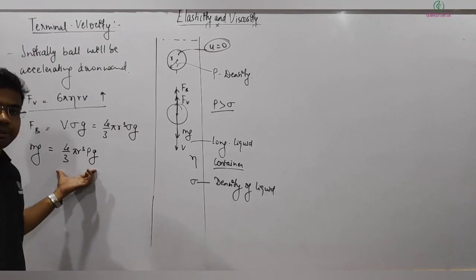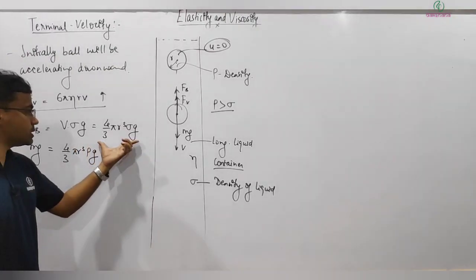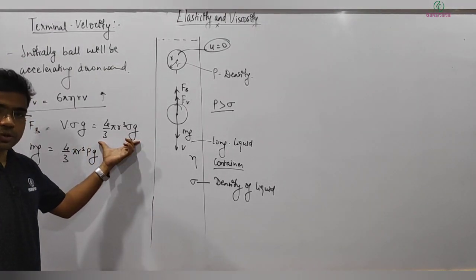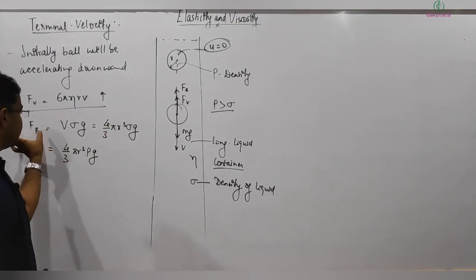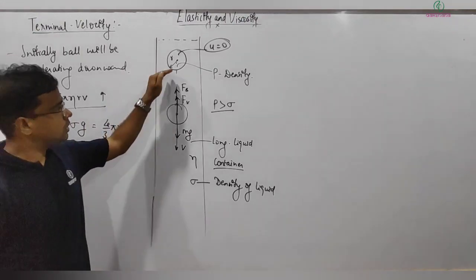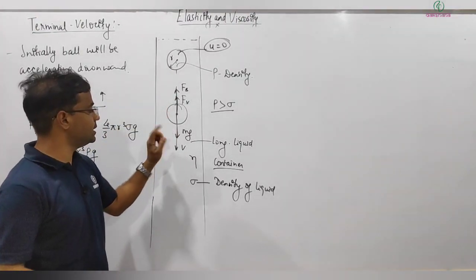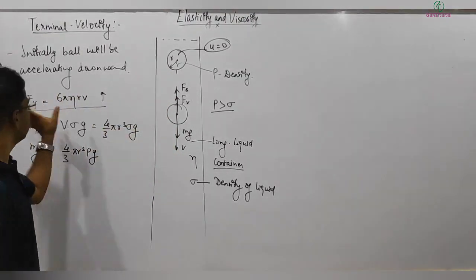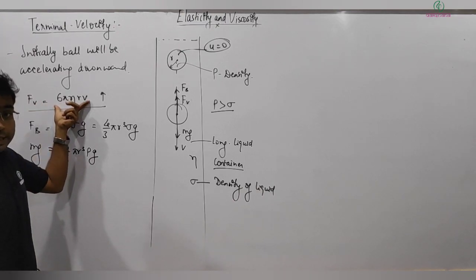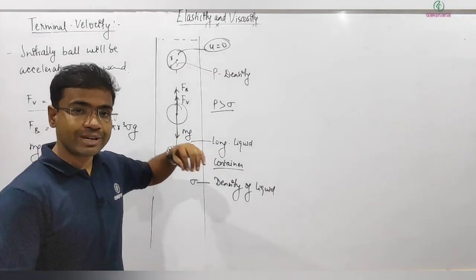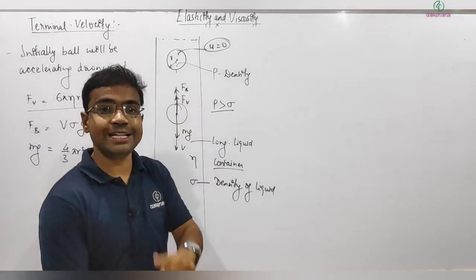So this force will be downward and constant, this force will be upward and also constant. Initially mg will be dominating, that's why the upward force will be smaller, so the ball will accelerate. As it accelerates, its velocity will keep on increasing, and this viscous force will keep on increasing. So what is happening overall? You can see the acceleration of the ball downward is decreasing.